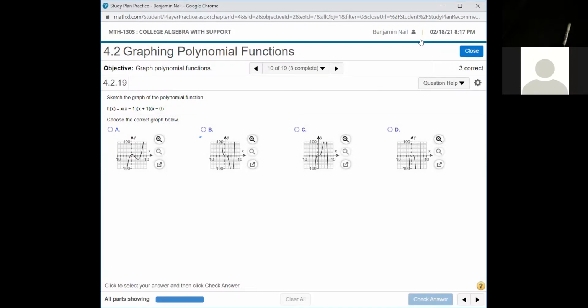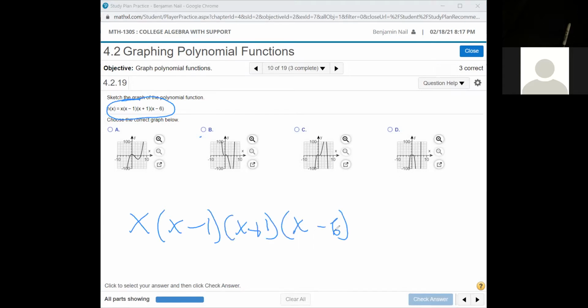Okay, here we go. This gave us a function, but it's actually written in that factored form. Okay, so we have an x minus 1, an x plus 1, and an x minus 6.